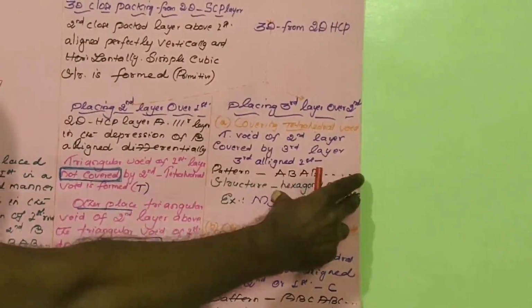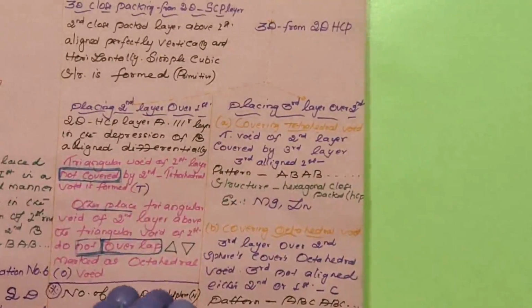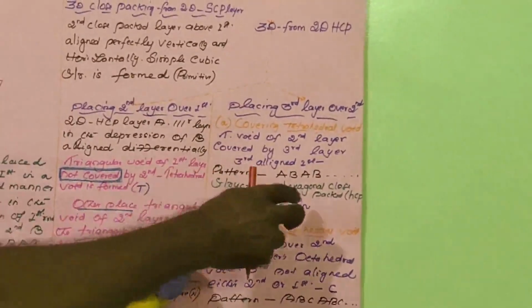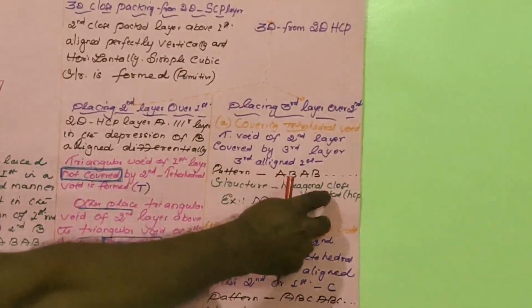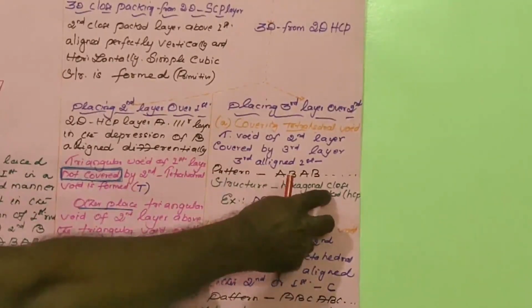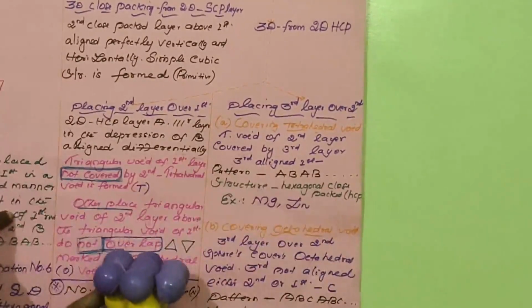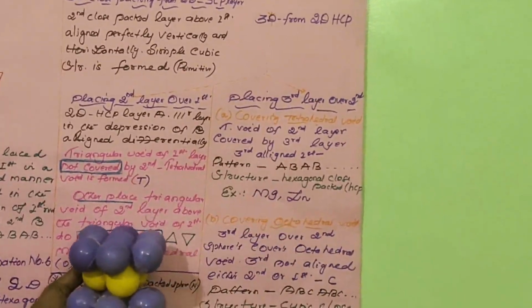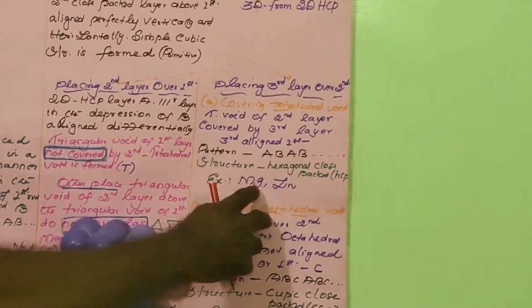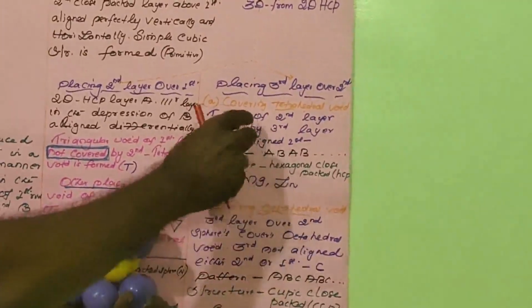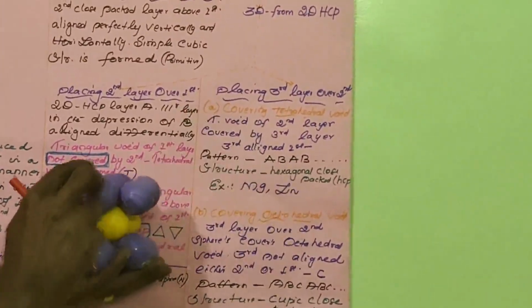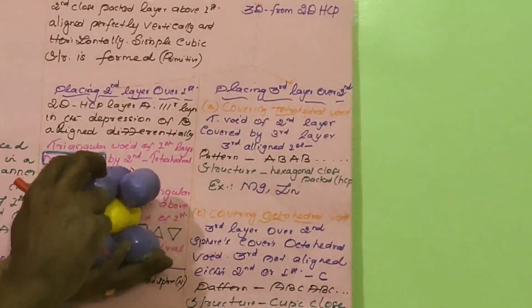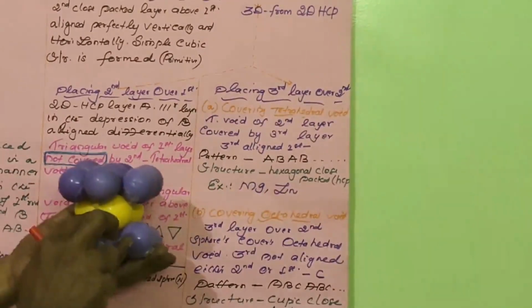This is 3 dimension; the previous one is 2 dimension. We need 3 dimension only. So the 3 dimensional packing is arrived from 2 dimension. This type of packing is known as hexagonal close packing. Example, magnesium and zinc.